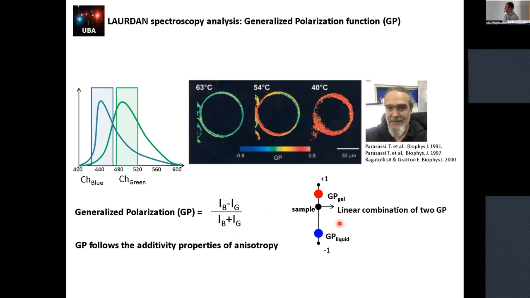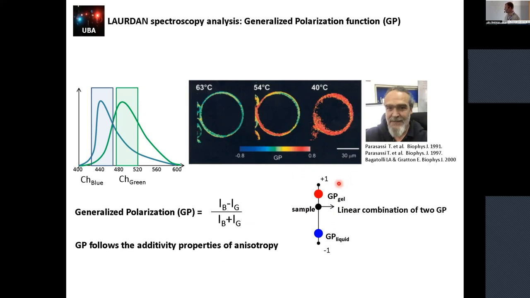One limitation that we have with the GP is that it's true that you can capture the GP of the shell and the GP of the liquid, and then you can try to untangle what is the fraction of each in a complex situation. But the problem is this is not fully true, because when you have one membrane or the other, they influence each other.